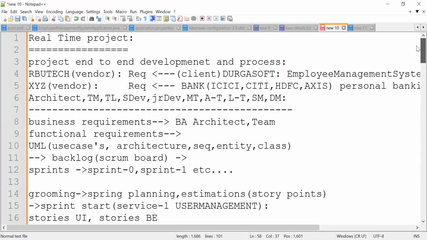So, yesterday we discussed the plan we are going to execute for the real-time project.